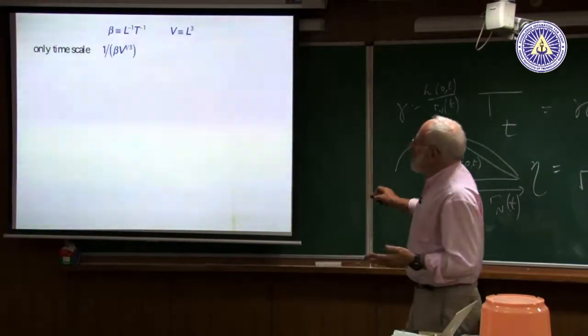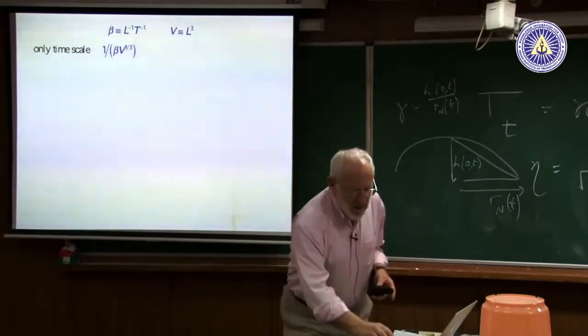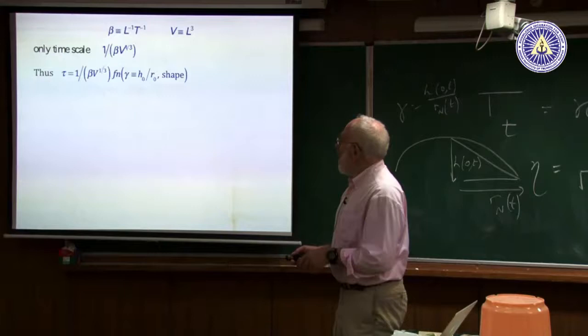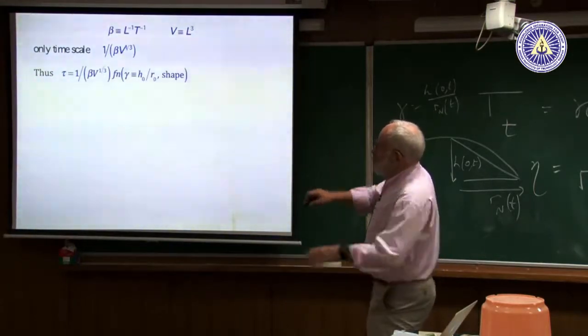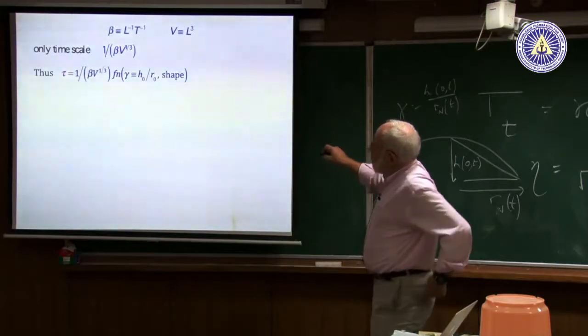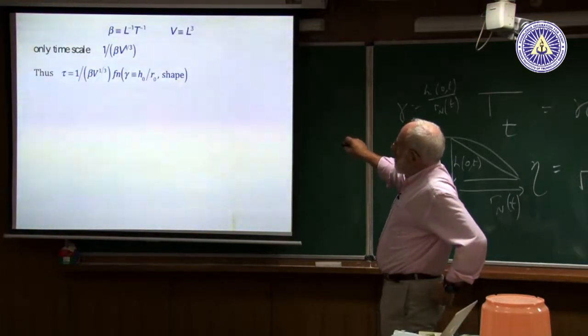Now that says the only time scale is 1 over beta V to the 3rd. So what that says is the time, tau, to get to the similarity solutions must go like this, because it has to have the dimensions of time and some function of the shape.